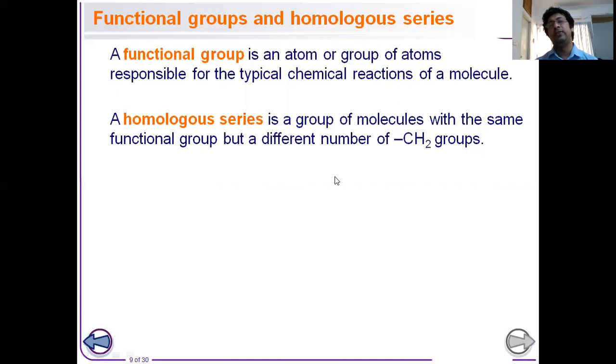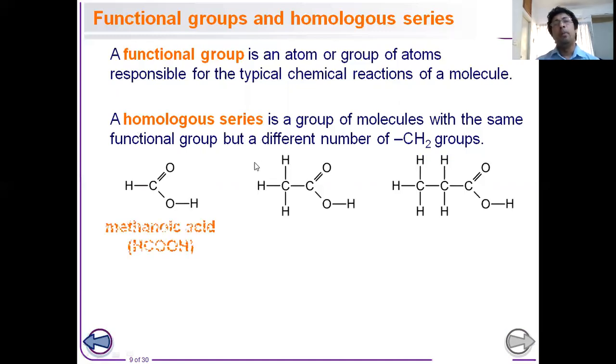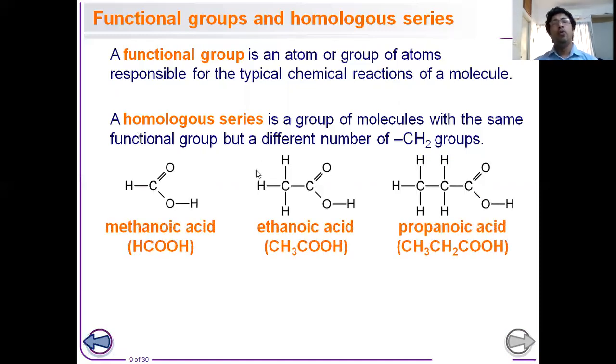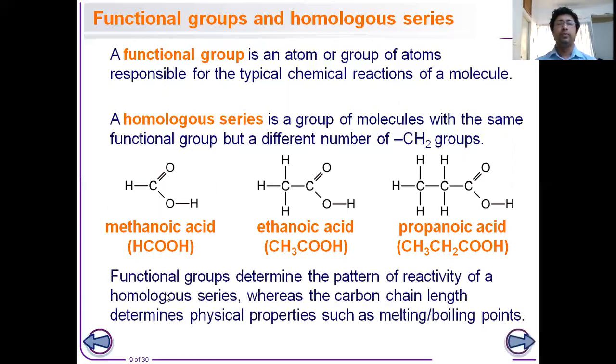Between two successive compounds of a homologous series, there is a difference of CH2. You can see that methanoic acid, ethanoic acid, propanoic acid, there is a difference of CH2 between two successive molecules.